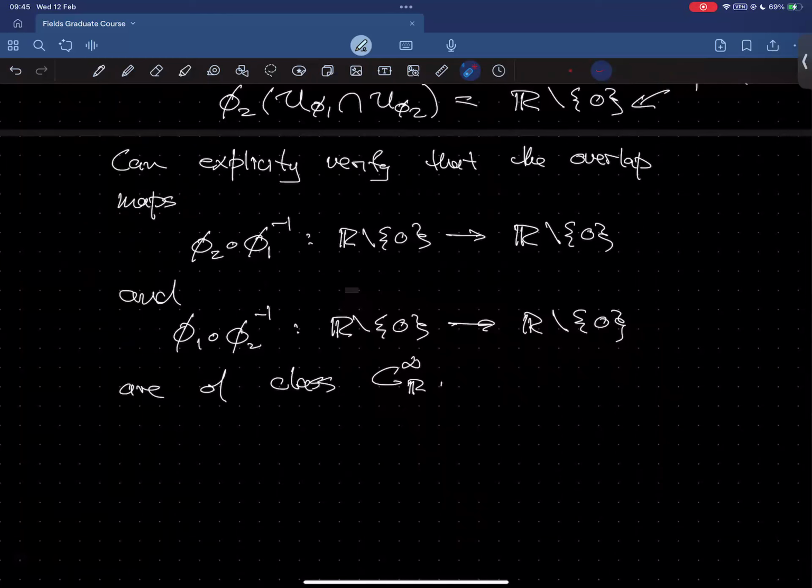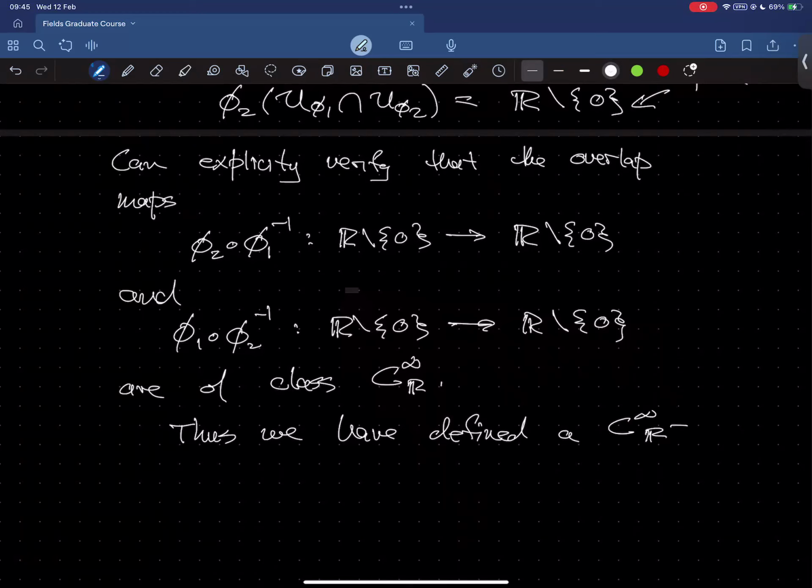So thus we have defined a C infinity R differential structure for S1. And so that's done in some sense. So now S1 is an infinitely differentiable manifold, a C infinity manifold.